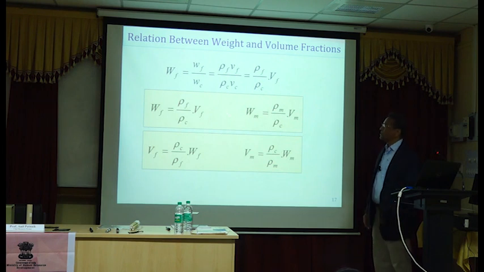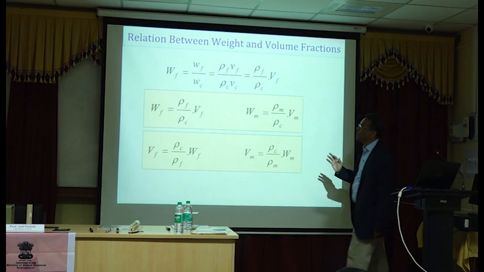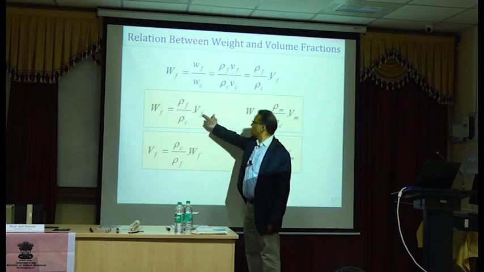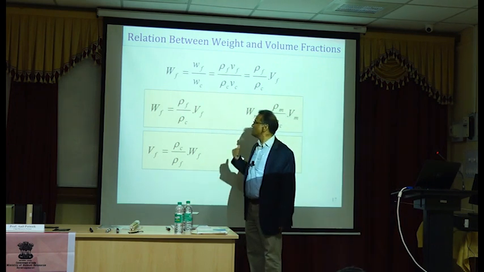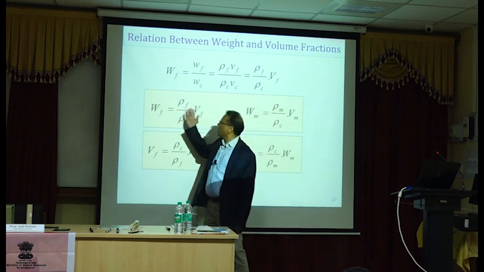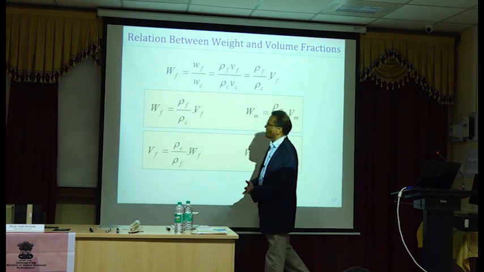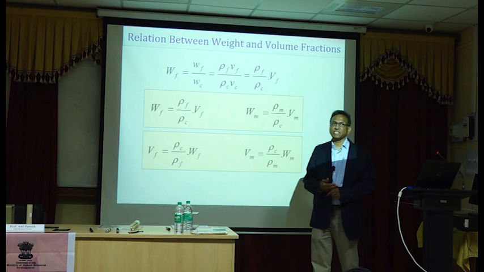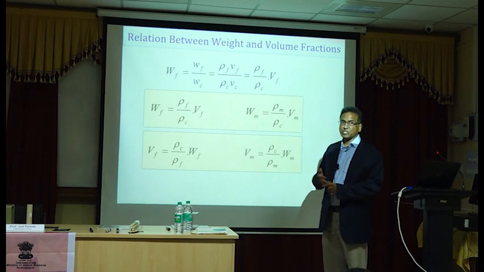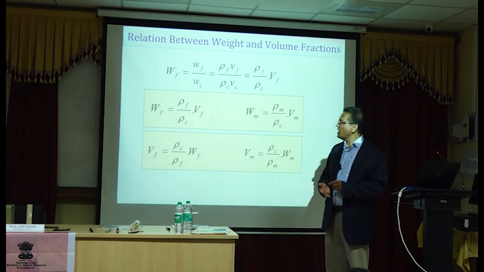So you can also convert from weight to volume, volume to weight fractions. If volume fraction is known, then you can calculate the weight fraction. So that's why I am asking, is your 60% weight by weight or is it by volume? That will make a big difference.